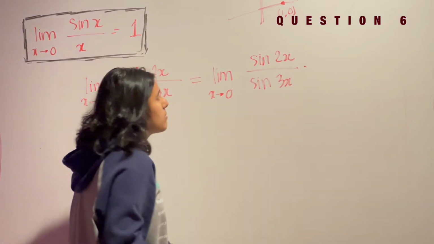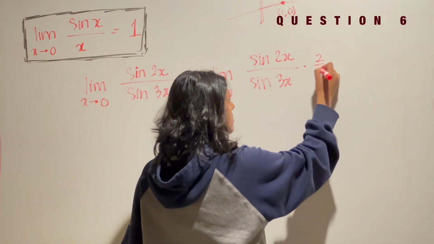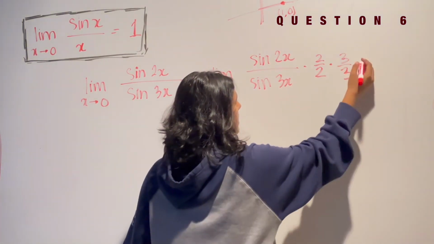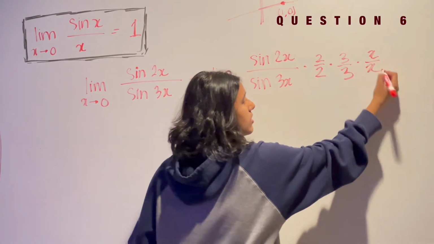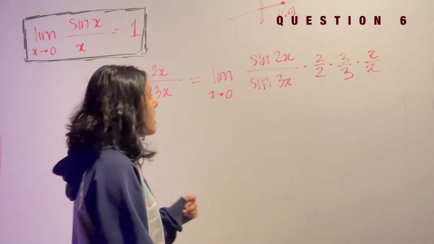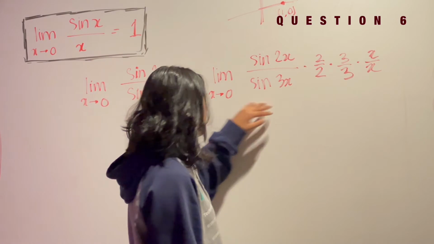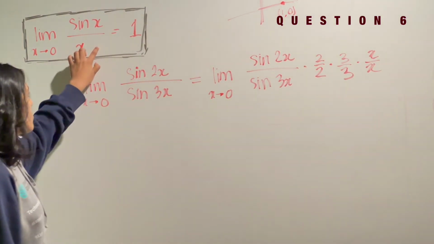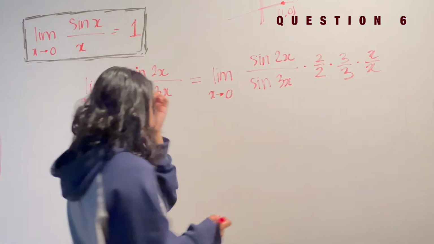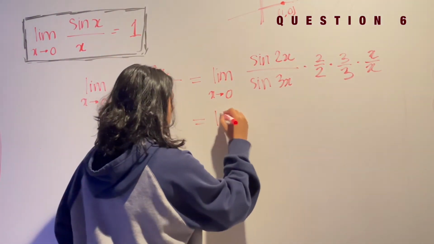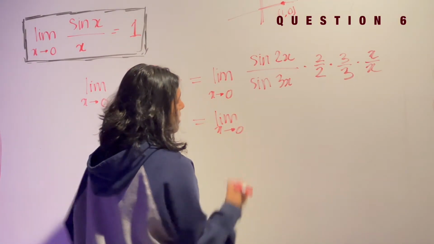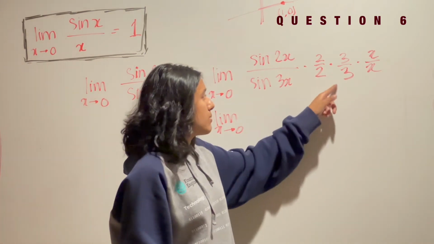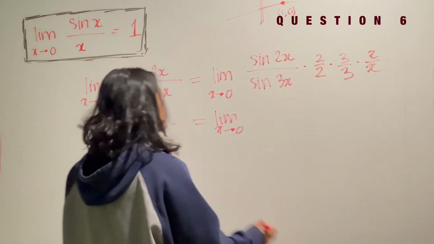But now let's multiply it by 2 over 2 times 3 over 3 and times x over x. The reason I'm doing it is because I want to make this function somewhat in the forms of this, so I can easily replace it for 1. That is our main end goal. And if we multiply it with 2 over 2 times 3 over 3 times x over x, this is essentially 1 times 1 times 1, so that doesn't change the value, of course.